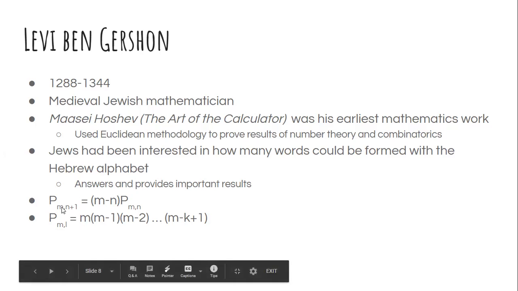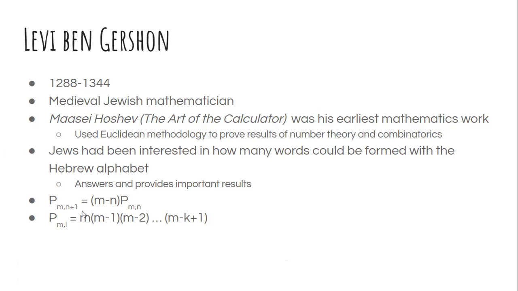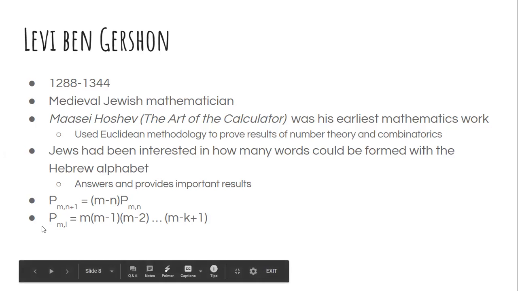Continuing on, we have m pick n plus 1, which equals m minus n times m pick n. This result is actually the inductive step for proving the next part.